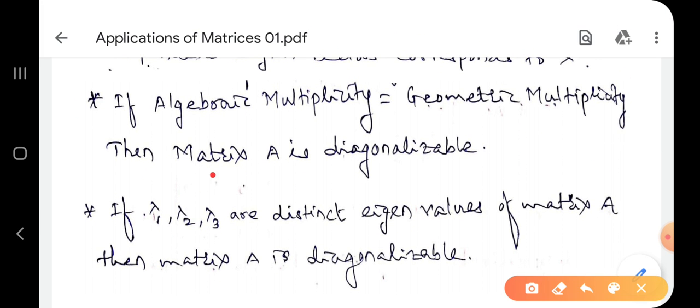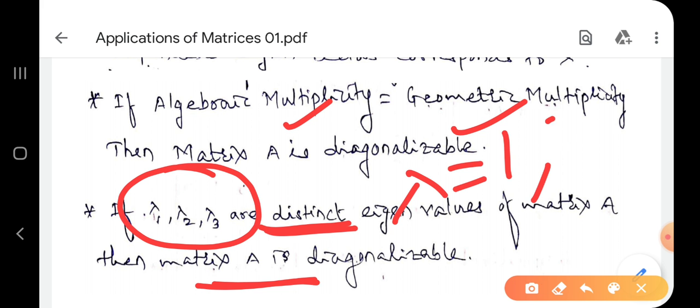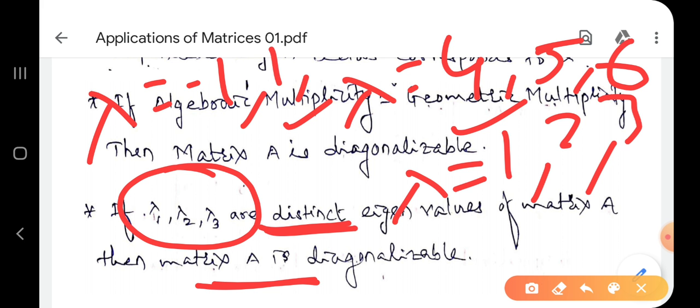If my eigenvalues are distinct, if lambda 1, lambda 2, lambda 3 are distinct eigenvalues, then always algebraic multiplicity is equal to geometric multiplicity and matrix A is diagonalizable. Matrix A is diagonalizable when we have distinct eigenvalues, means lambda equal to 1, 2, 3, or lambda equal to 4, 5, 6, or lambda equal to -1, 1, 0.